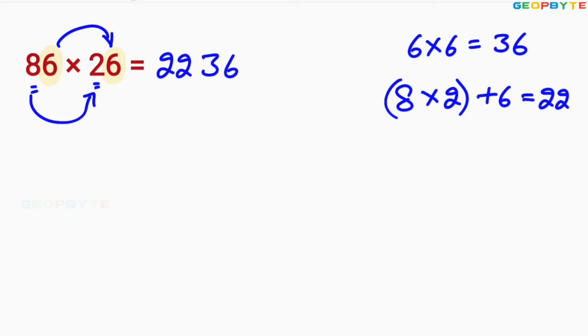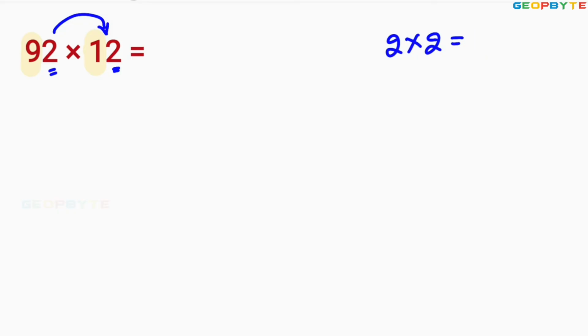Let us take some other multiplication numbers. 12 into 92. Ones place digit remains same. Sum of the tens place digits equal to 10. Then what you have to do? Multiply ones place digits. 2 into 2 is equal to 4.